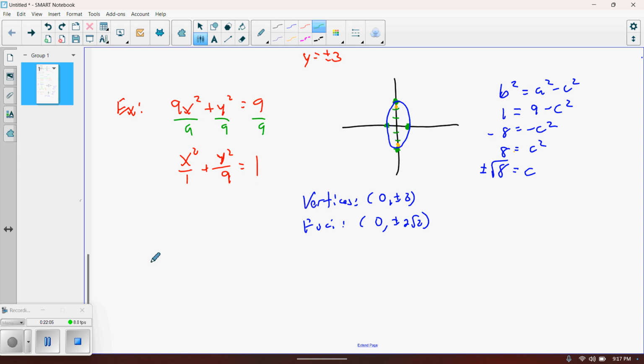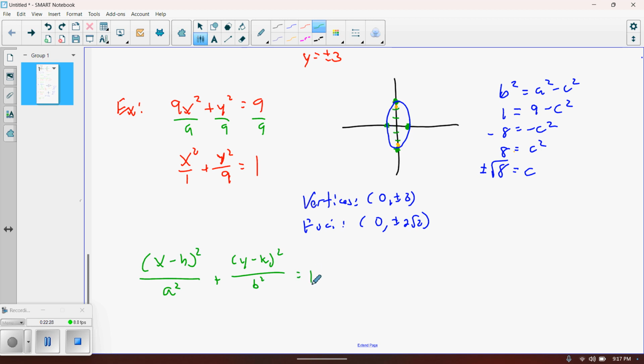So something not necessarily at the origin will look like (x minus h) squared over, and in this case, we'll just put the a squared under here to say that that's going to be the major axis, plus (y minus k) squared over b squared equals 1.